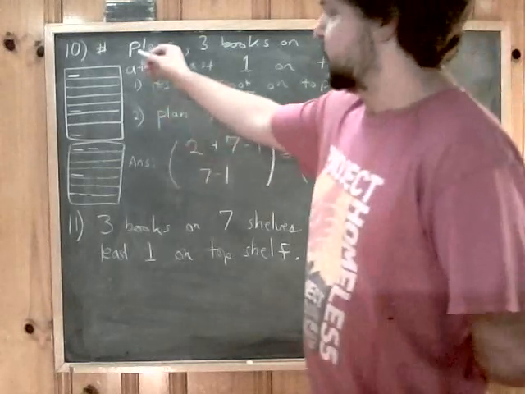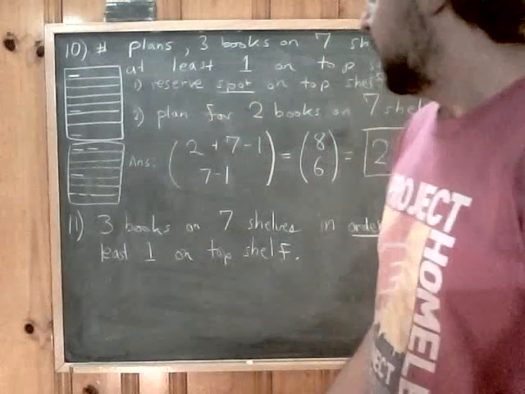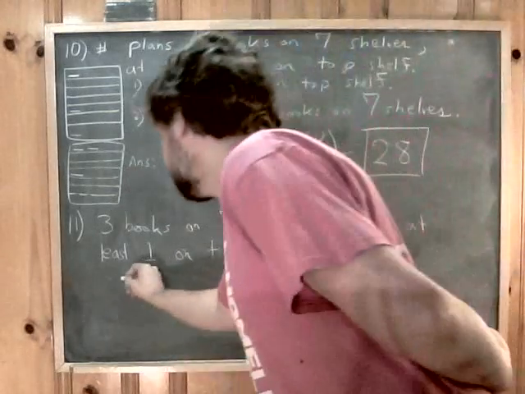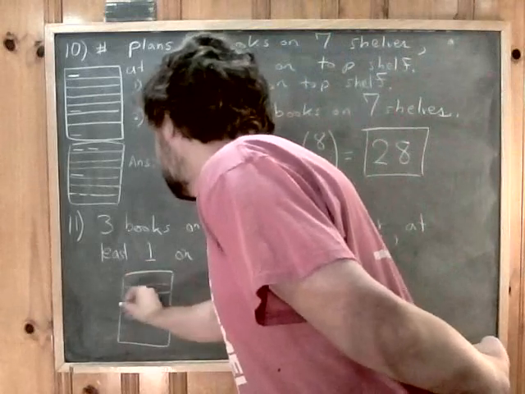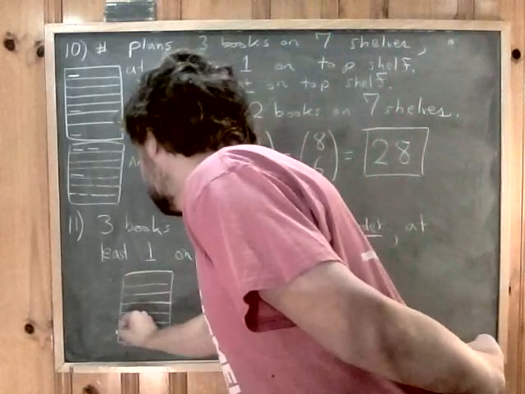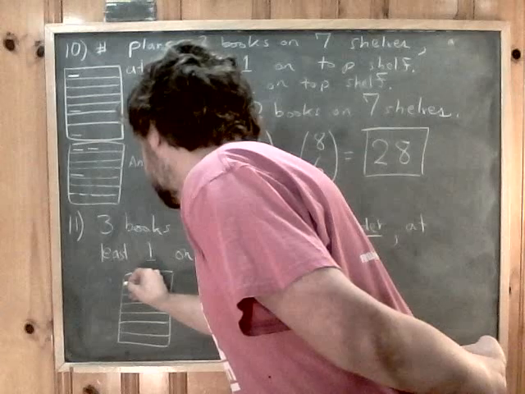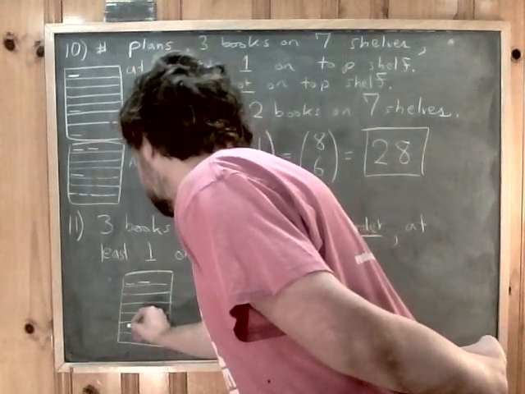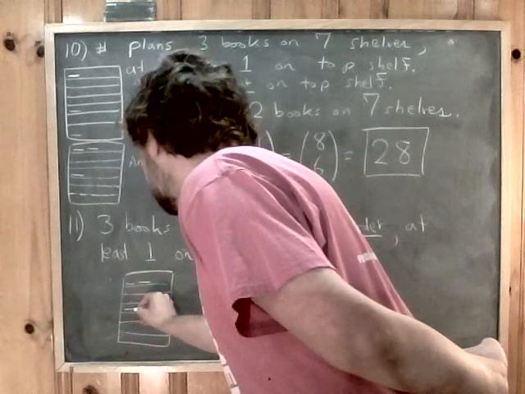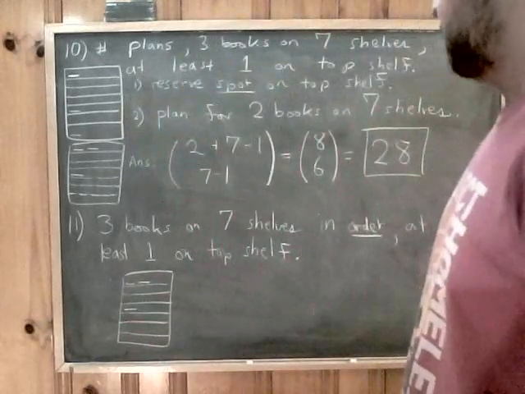So for either of our example plans, now we can put on the 3 books. So say we take the second plan there, and that was put a spot there too.